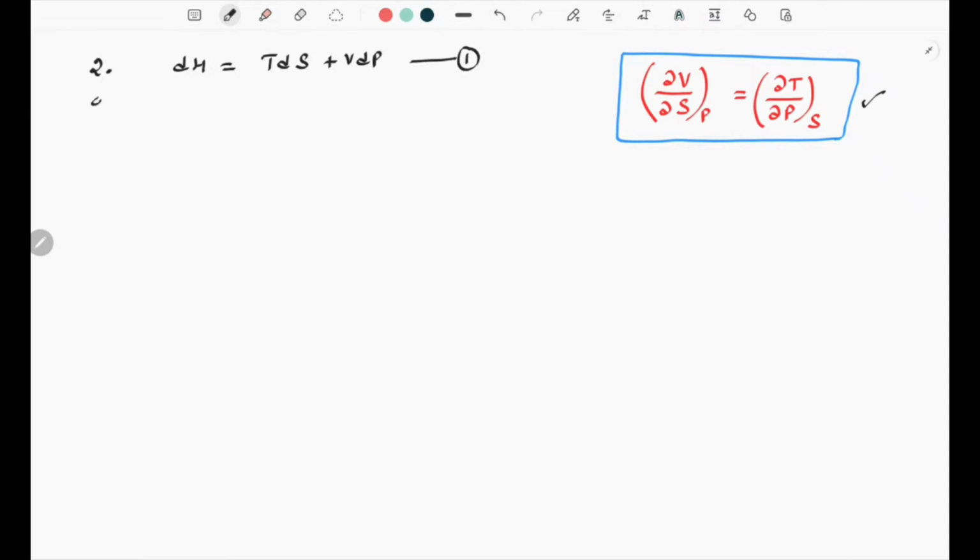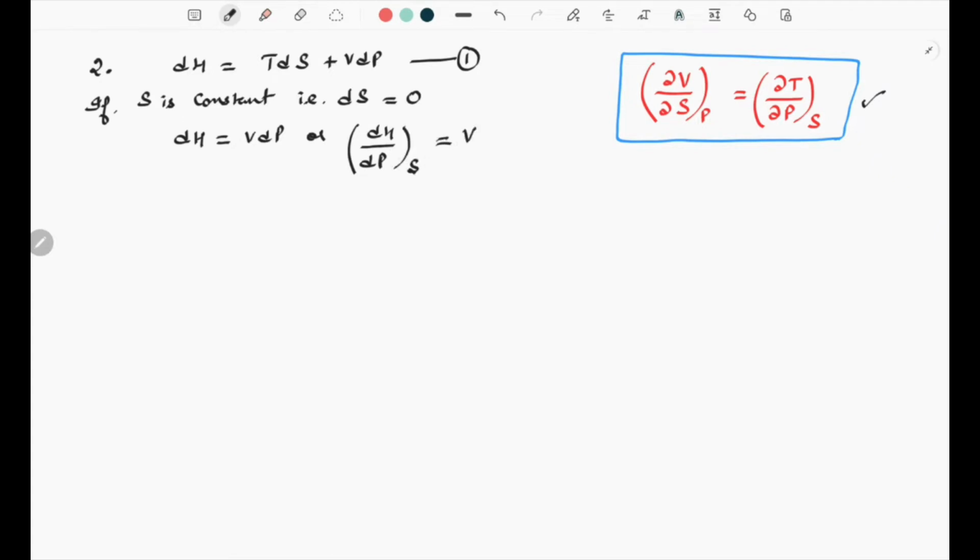Now, if in a process S is constant, that is dS is equal to 0, then we get dH is equal to VdP or dH by dP at constant entropy is equal to volume.